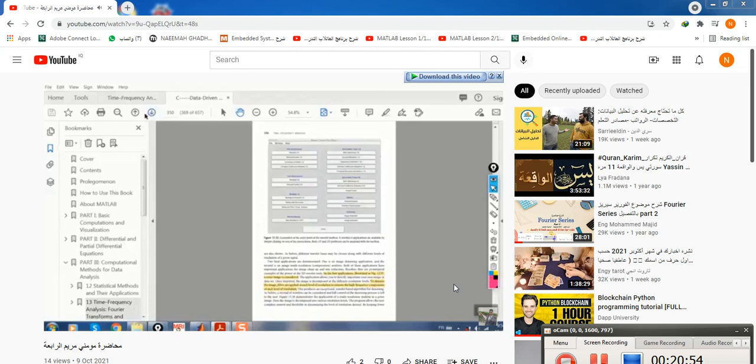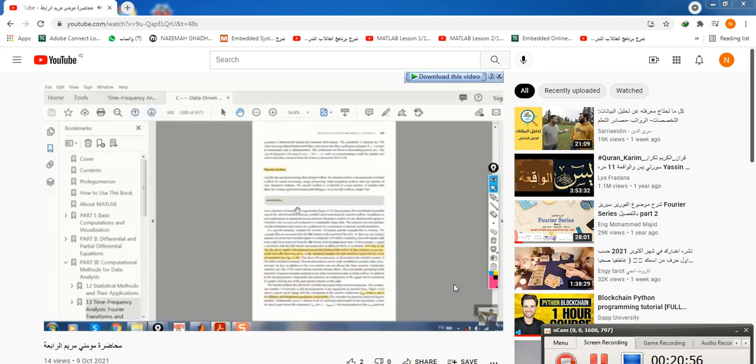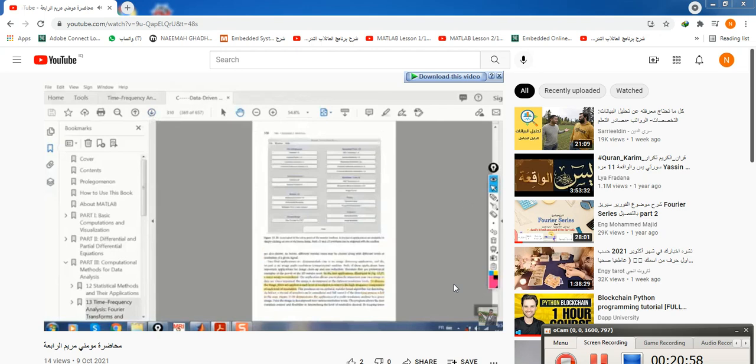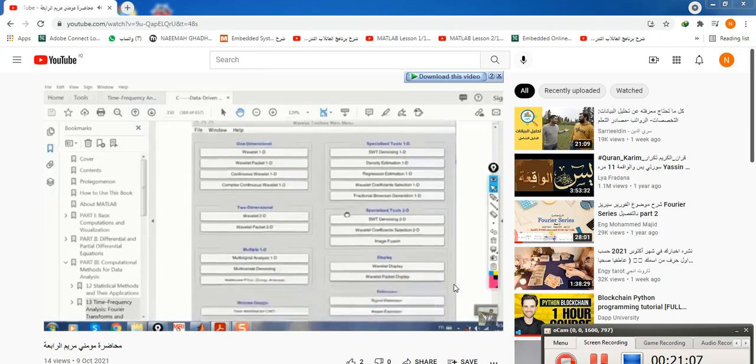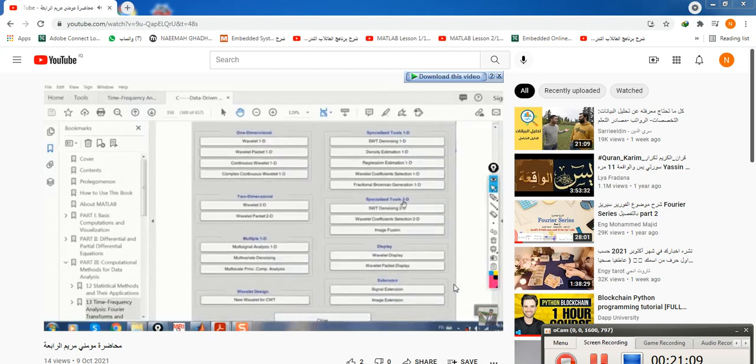And also wavemenu is related to wavelet. One-dimensional for signal processing, two-dimensional for image processing, and like this.